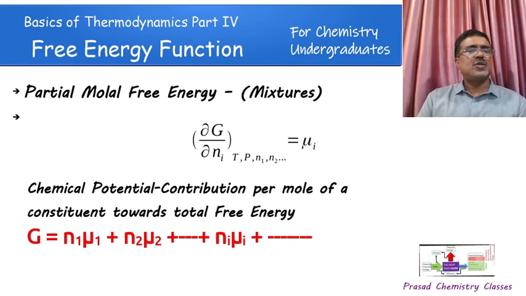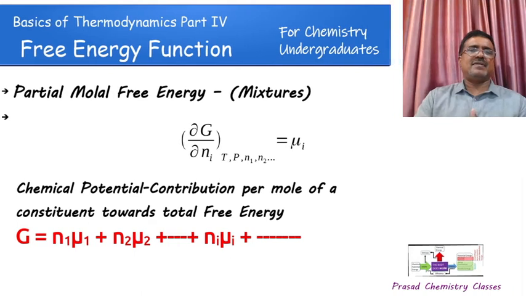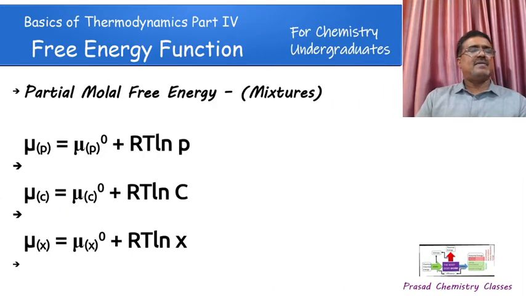We can get the total free energy of the system. That is it. And we can have an expression for variation of chemical potential, and we write mu is equal to mu0 plus RT log P, where we express it in terms of pressure, how chemical potential changes with the pressure.